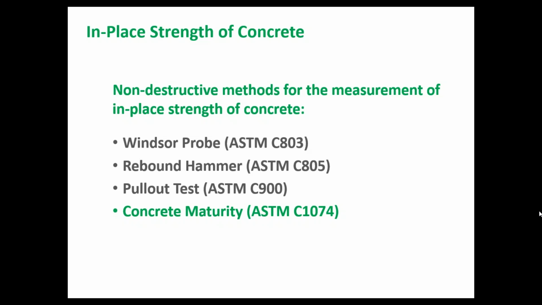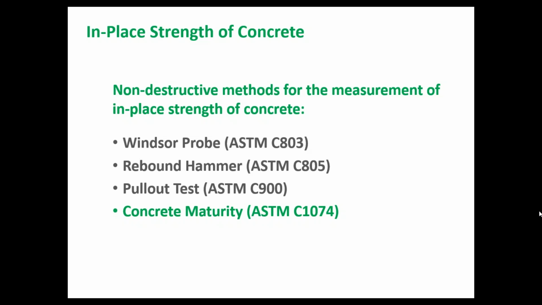Rebound hammer or Schmidt hammer, I'm sure you're familiar with it. It can give you a qualitative assessment of concrete strength, and if you calibrate it, you can somewhat get a quantitative measure of concrete strength non-destructively. Pull-out test is where you embed a rod in the concrete, and at any point in time you can pull it out by a force and correlate that force to concrete strength.